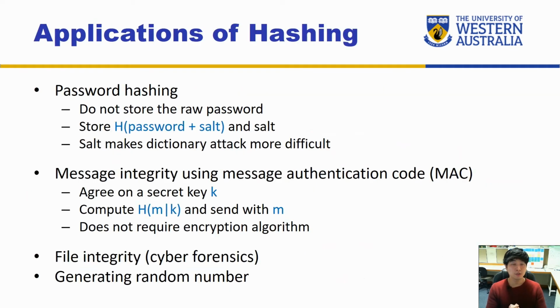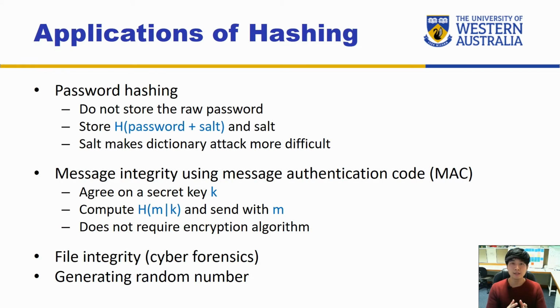The application of hashing is not just for digital signatures, but we can also use it for password hashing. You can think that your password gets hashed and stored in the database. At first it seemed pretty secure, but nowadays, because hash functions are being cracked, which means people use different techniques to reverse back and retrieve the original message, it's not necessarily very strong to only store your raw password hash.